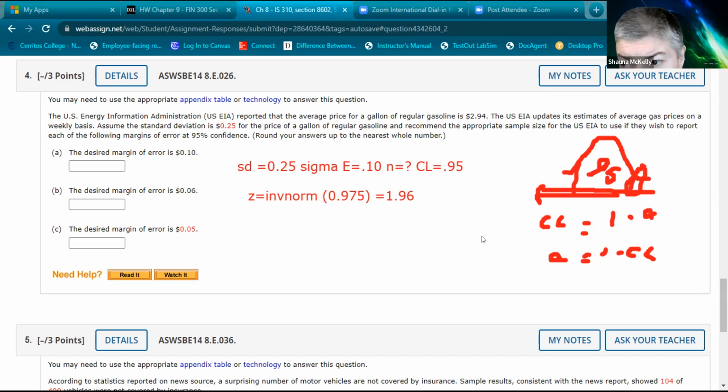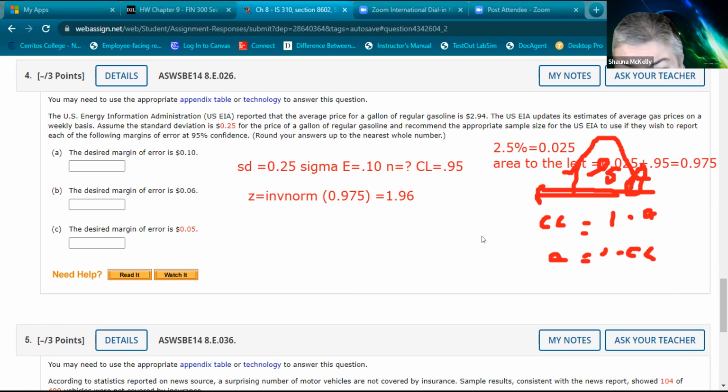And that's where I got this from. Inverse norm of 0.975, which you should get as 1.96, right?